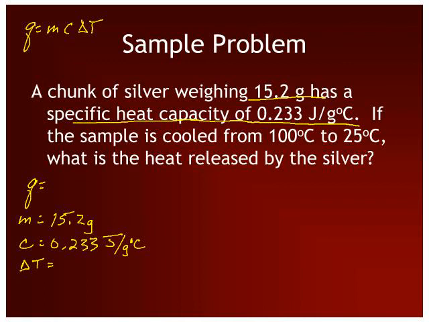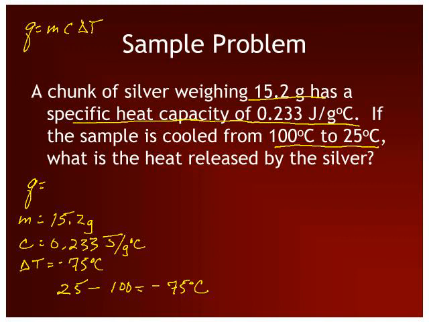The sample is cooled from 100 degrees to 25 degrees. So my final temperature is 25 degrees. My initial temperature is 100 degrees, so I get negative 75 degrees Celsius for my delta T.